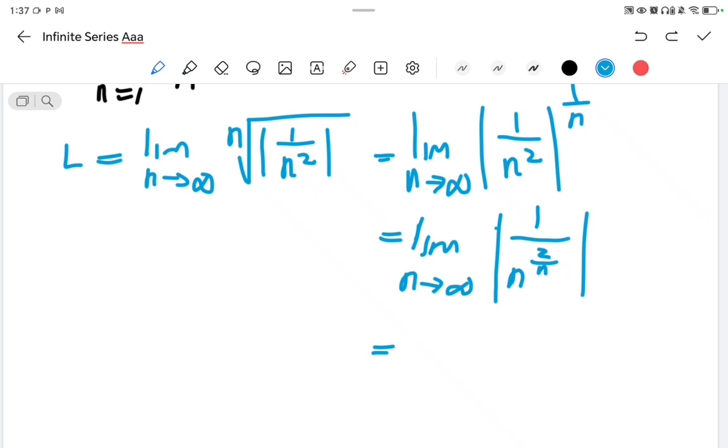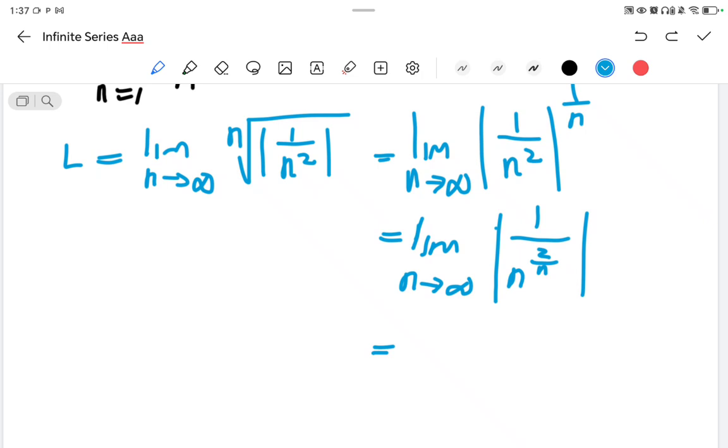How is it one? Infinity to the exponent zero. All right, so here it is. Yeah, I think I also agree on that one.